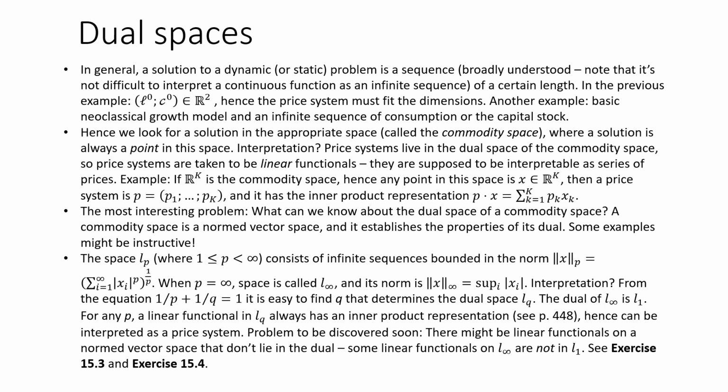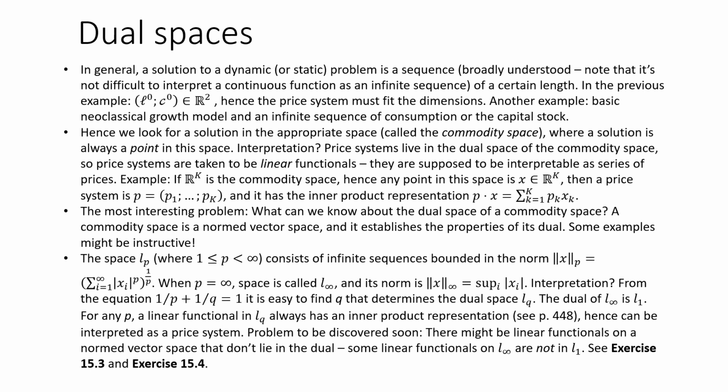This is the most important idea in this lecture. Only if we have such an inner product representation, we have a price for each commodity in the solution. So we need this inner product representation.